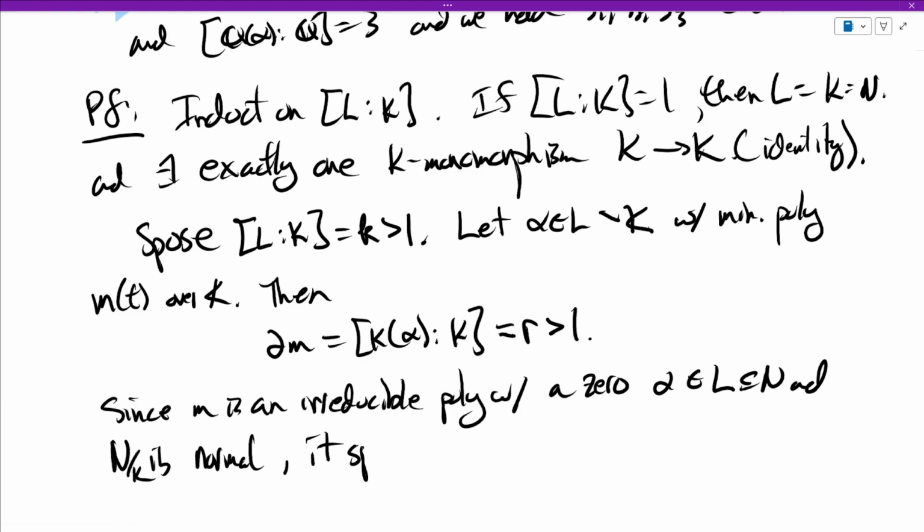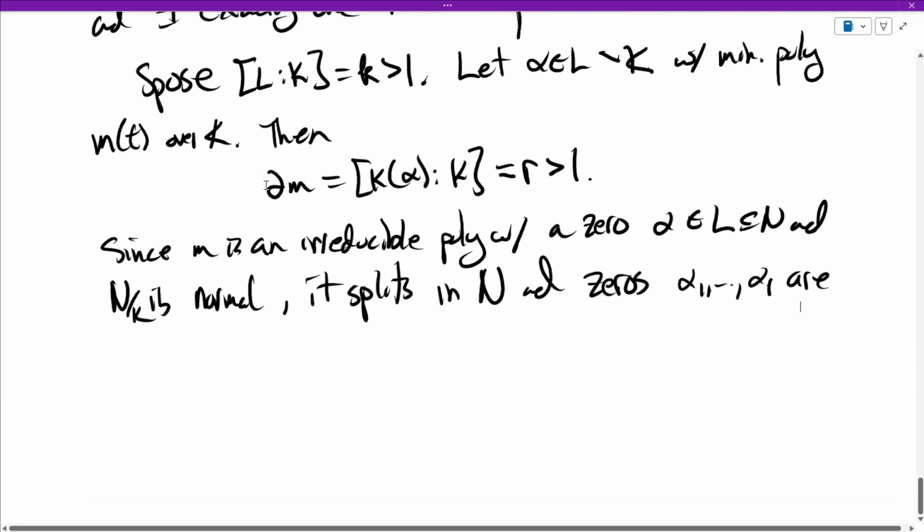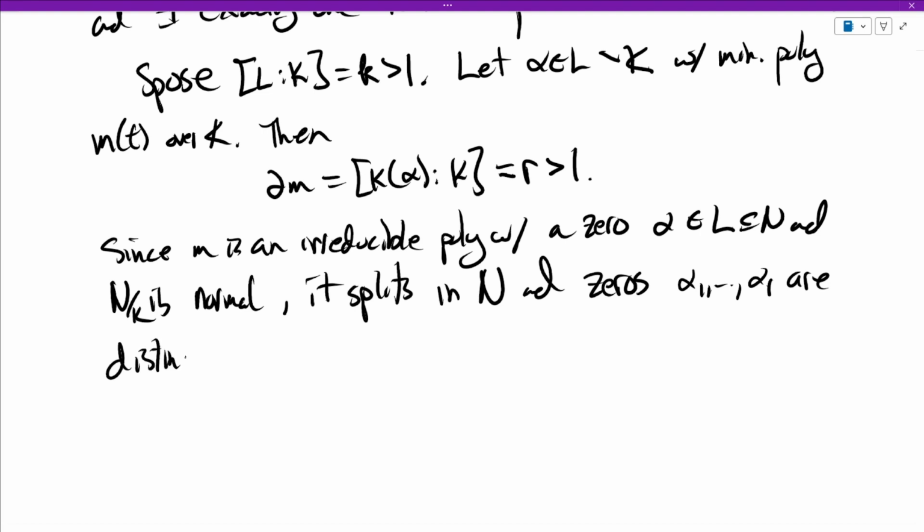It splits in N. And we also know that the zeros are distinct because we're over C. Let me label them. There are r of them and they're all different. This is not true in positive characteristic unless you're separable.